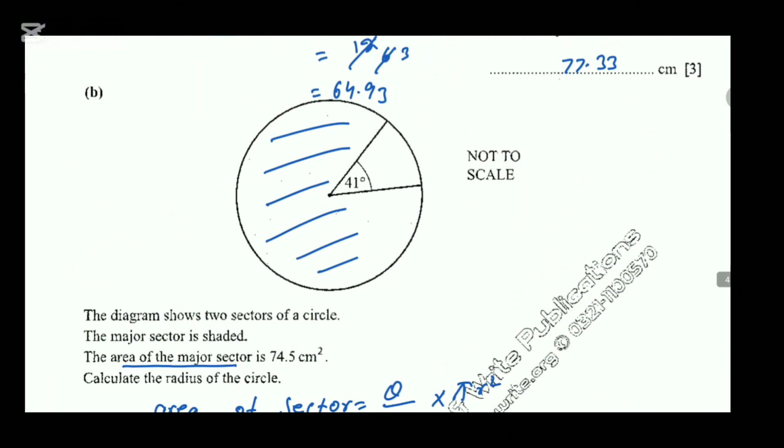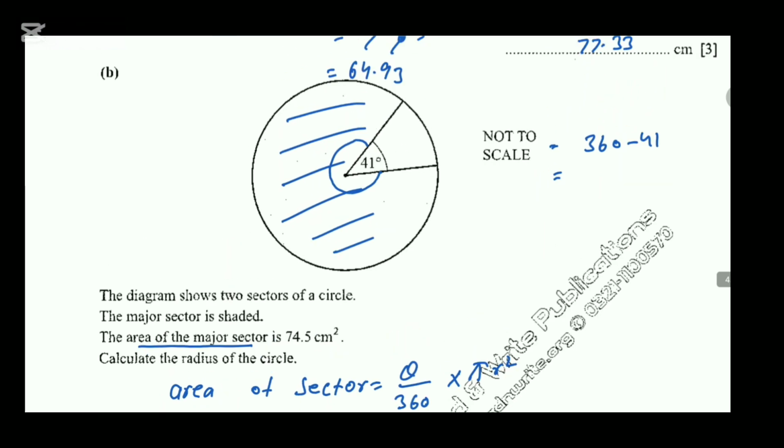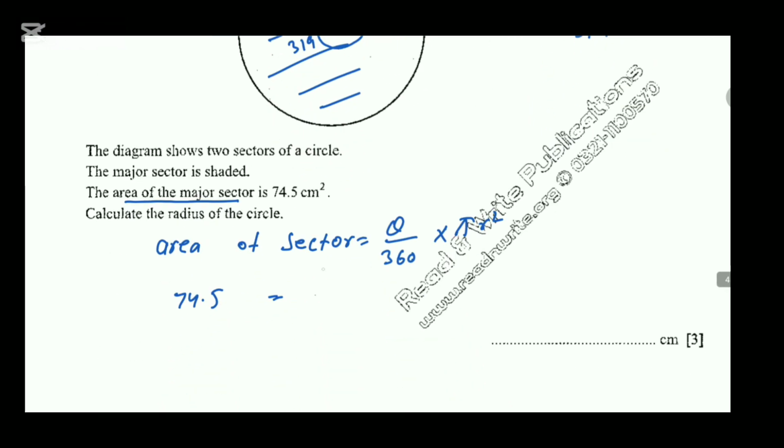Okay, what will be the angle of this part? The angle of this sector, again 360 minus 41. Don't use 41 here because 41 is the angle of the triangle. You can say pizza slice, and this one that we are going to find is the angle of the Pac-Man. So 319 is the angle of this sector. So you will use here 319 over 360 into pi r square.